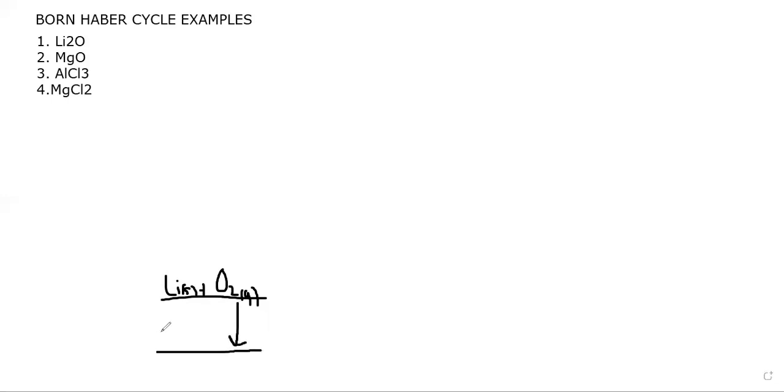Now the formula for lithium oxide is Li2O. That means we need 2 atoms of lithium. But in lithium oxide, you only have 1 oxygen atom. So again, we need to put a half in front of the oxygen.